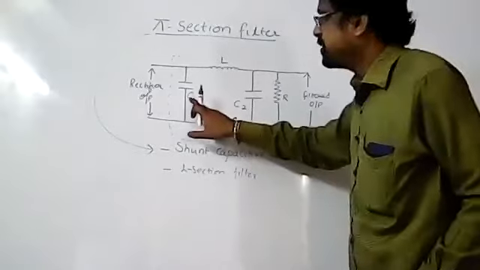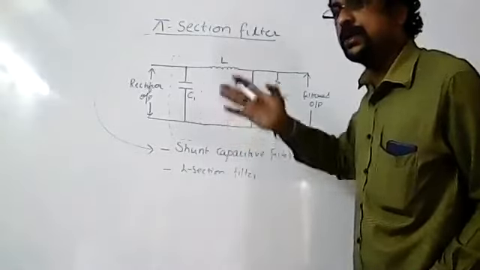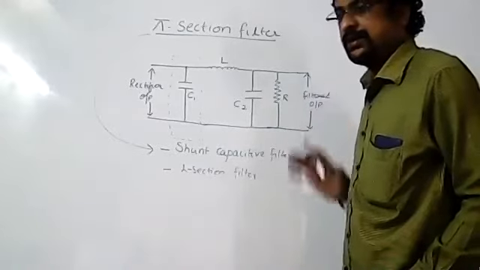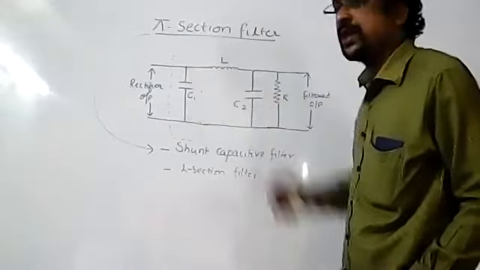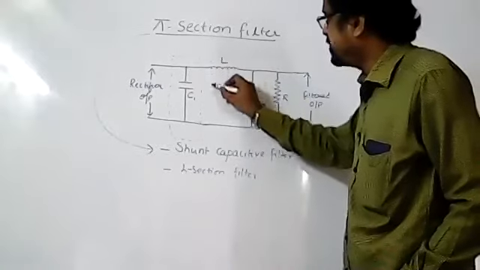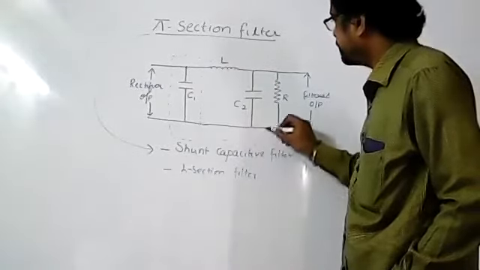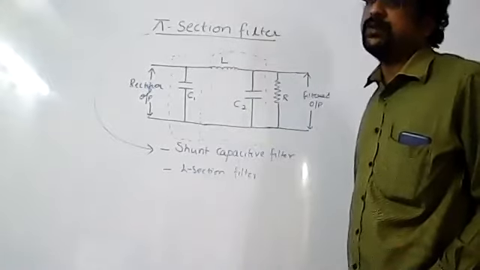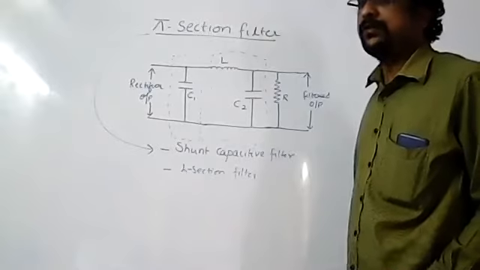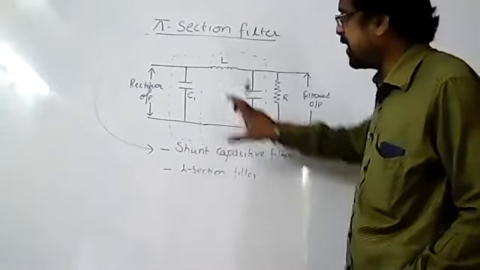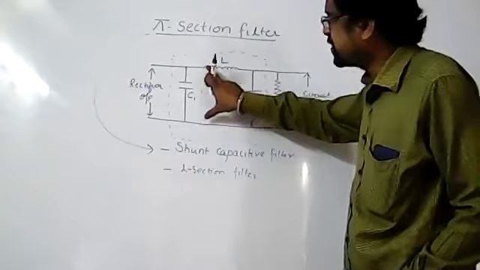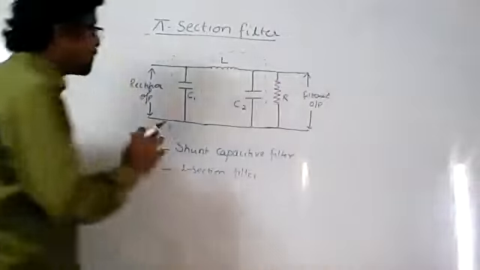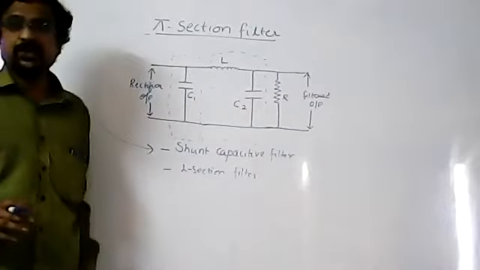C1 is the capacitor which is shunted across the resistor R. Hence, this forms a shunt capacitive filter, and the remaining part is an L section filter. The output of the shunt capacitive filter is given as input to the L section filter. Then it forms what is called the pi section filter.